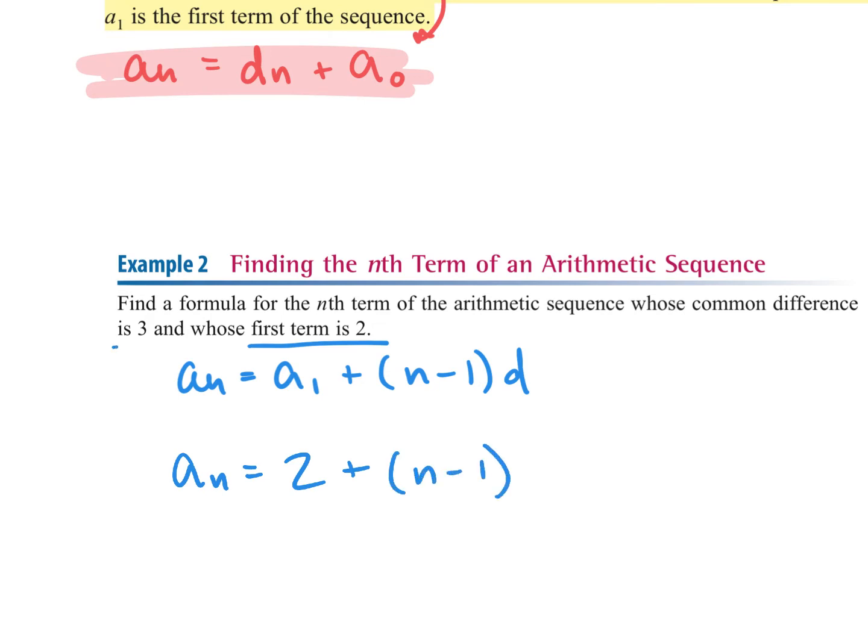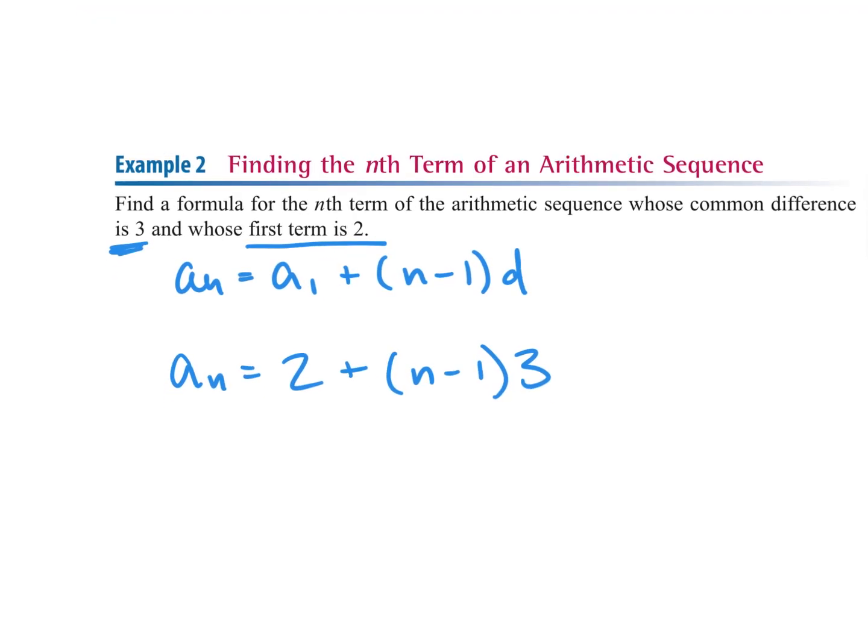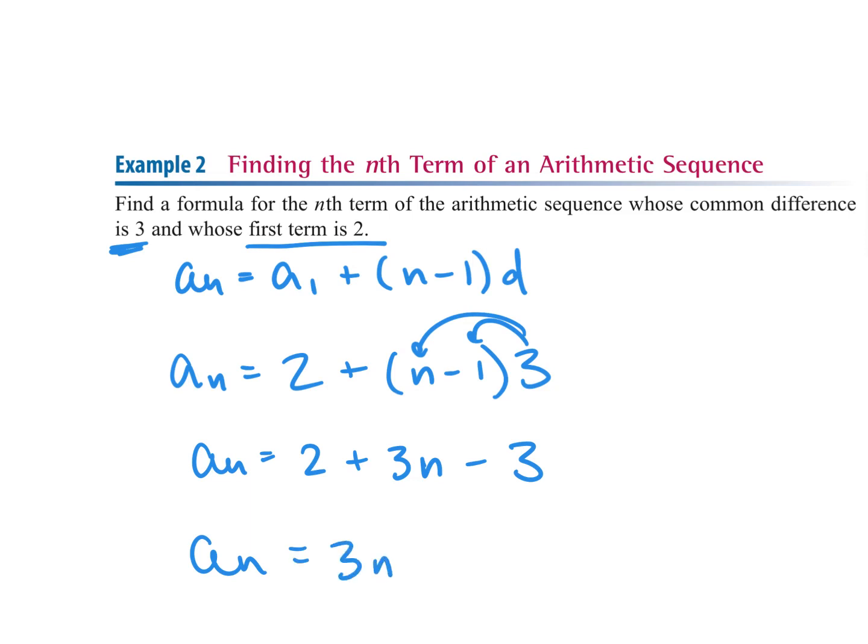And d is 3, since the common difference is 3. We can leave it like this, or we can simplify. I would distribute that 3, so a sub n is equal to 2 plus 3n minus 3, and then combine like terms. This would be 3n minus 1.